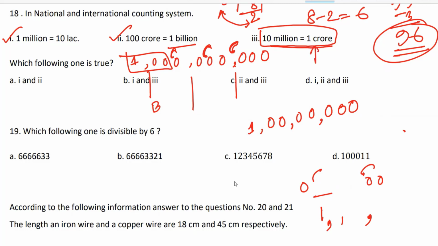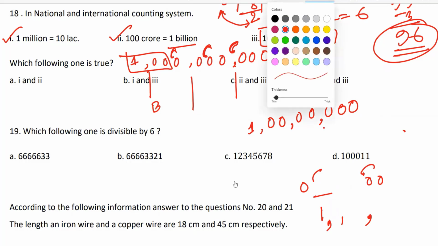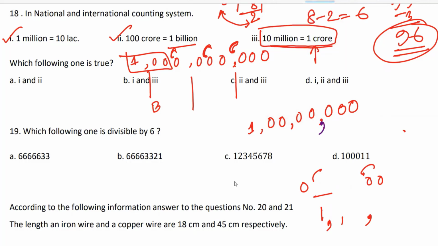So now, is 1 crore the 10 million or not? For the million, first comma, second comma. Yes, this is the 1,000 and the million. Definitely, this is the 10 million. So 10 million is 1 crore. So the first, second, and third information are all correct here.